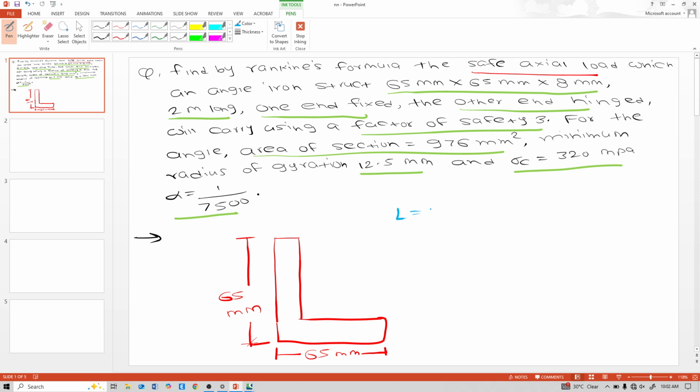Length is 2 meter, that means it is 2000 mm. Boundary conditions, one end fixed and other end hinged, that means like that.